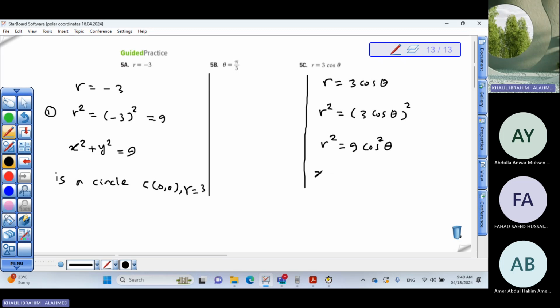This gives x squared plus y squared equals 9 cosine squared theta.